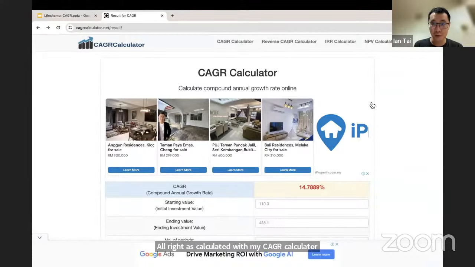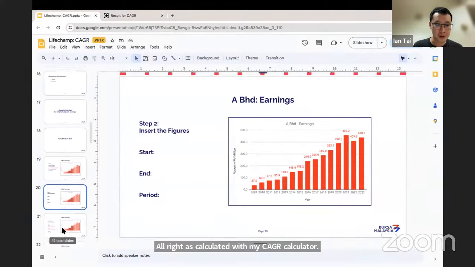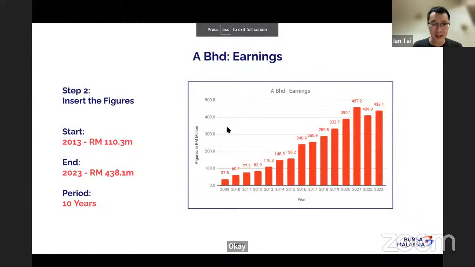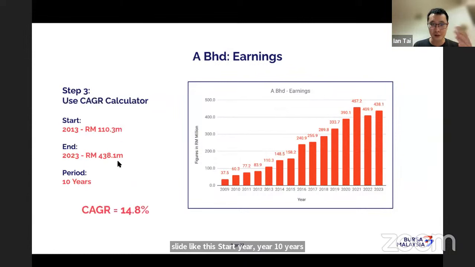So it's 14.79%. Okay, which is confirmed in my next slide like this. Start year, end year, 10 years. Bam. Okay, so therefore 14.79%. So this is how you use the CAGR calculator to calculate the CAGR of A Berhad's earnings.